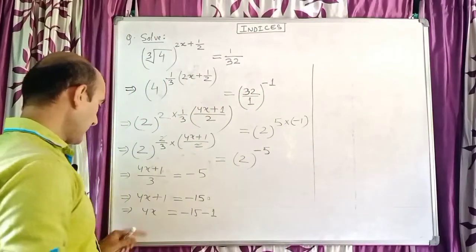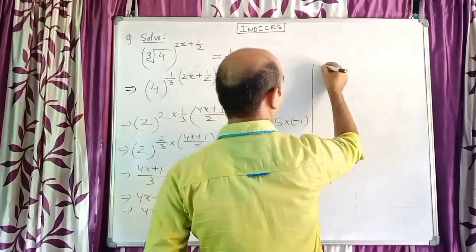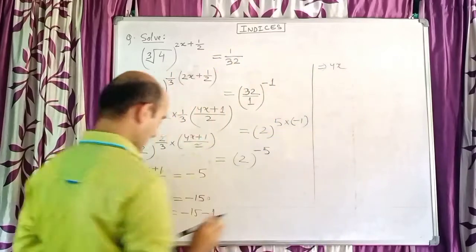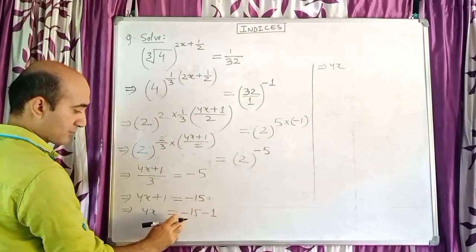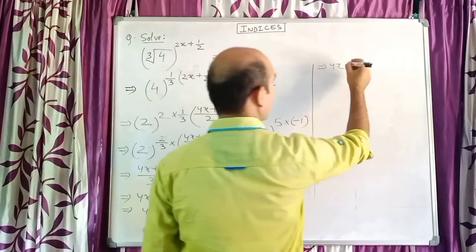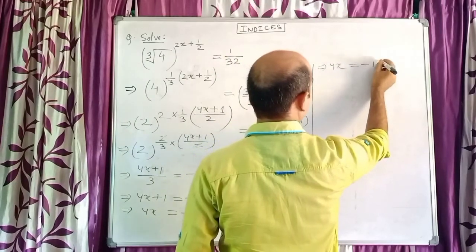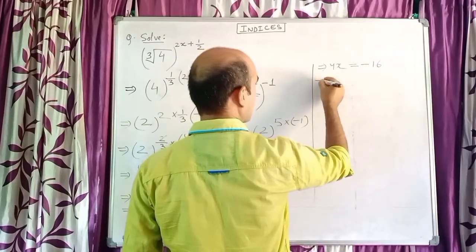So you can see, children, 4x. So this 4x went there and minus 15 minus 1 is minus 16.